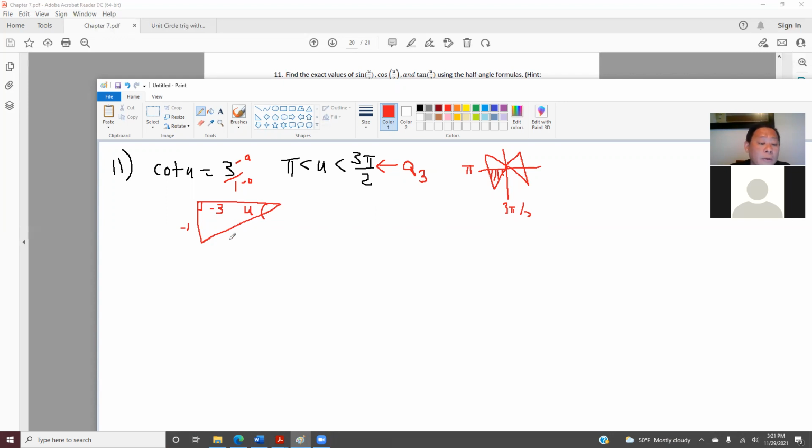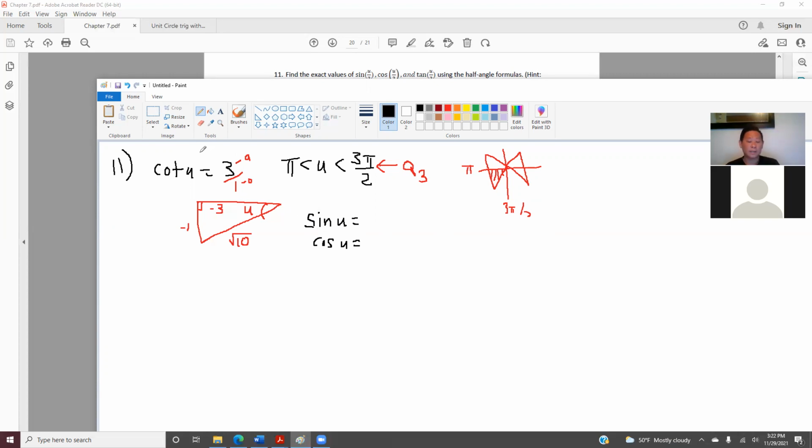In order for us to find your hypotenuse, you use Pythagorean, a squared plus b squared. So a squared is 9, b squared is 1, so 9 plus 1 is 10. Don't forget, when you square, the negative becomes positive. Now by looking at this triangle, can you tell me what sine u and cosine u are?